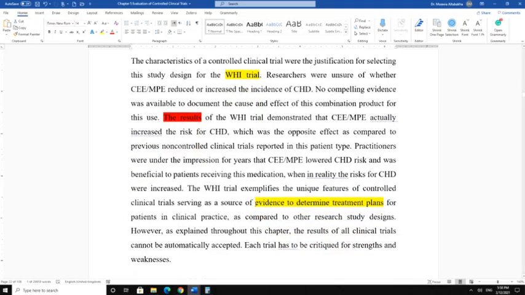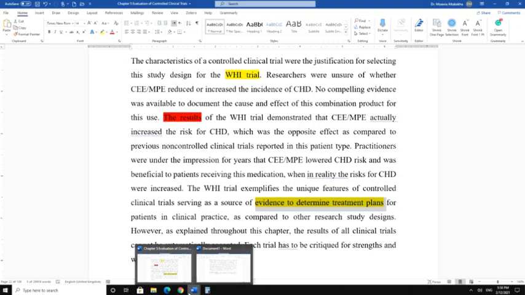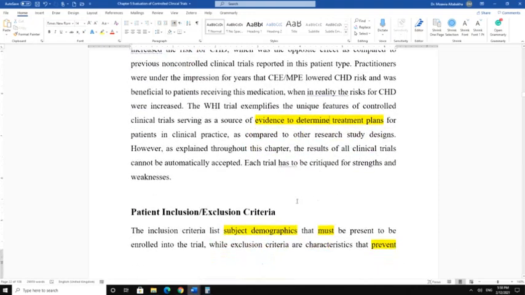So such trials can serve as a source of evidence to determine treatment plans. If I compare it to placebo and it's better than placebo, I cannot convince practitioners to prescribe it just because of that. If it is better than the best in the market, then I can convince them to change the treatment plans for the patients.